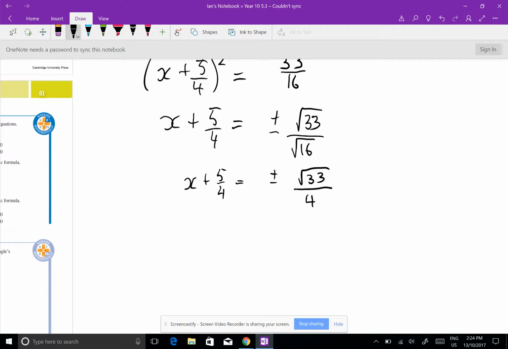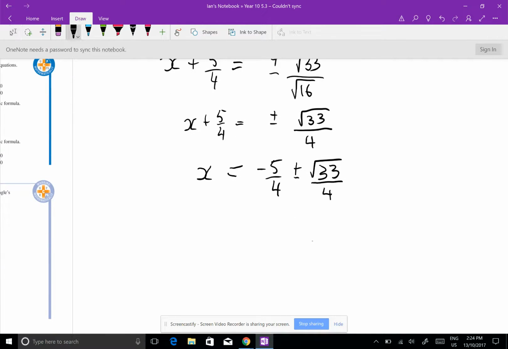Now, isn't that wonderful? Because we now have common denominators, I can just minus that 5 on 4, so minus 5 on 4 plus or minus root 33 on 4. It's one big fraction. I can write it with a common denominator. Minus 5 plus or minus root 33 on 4.